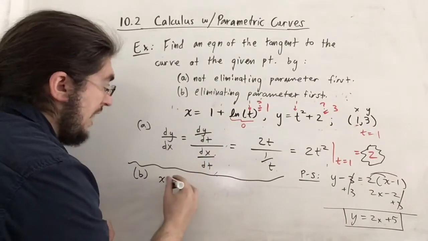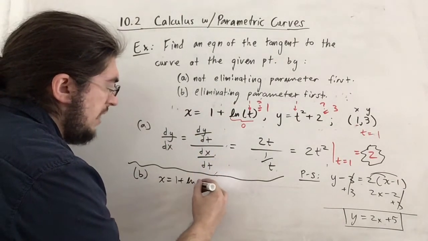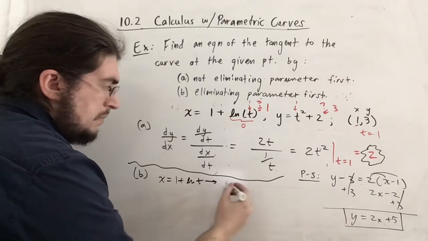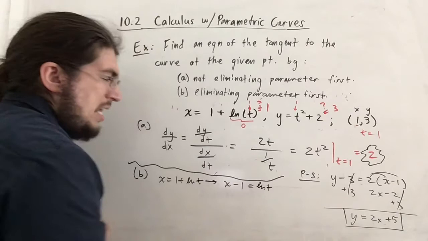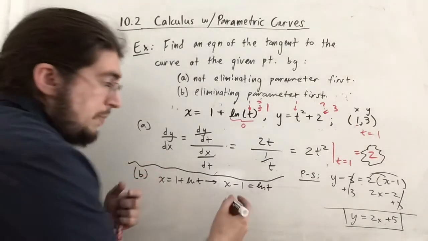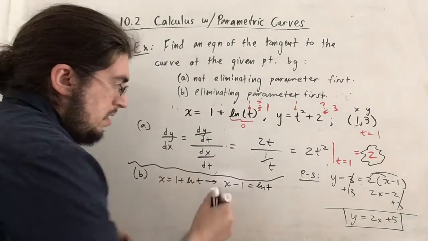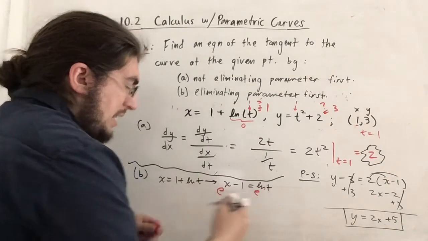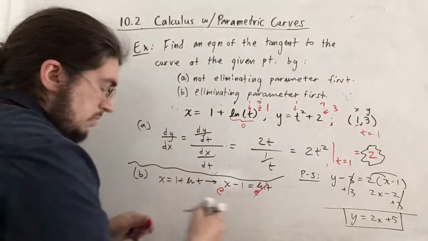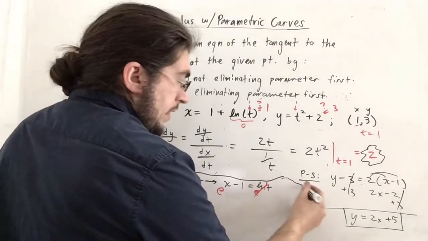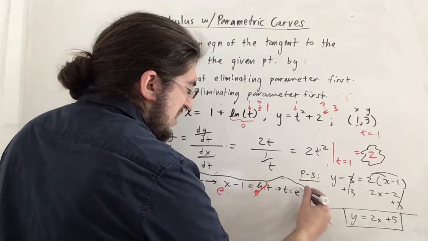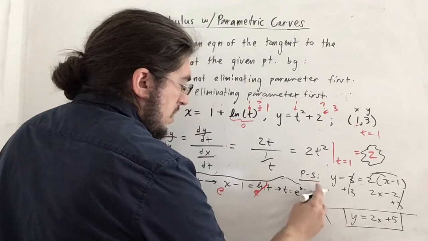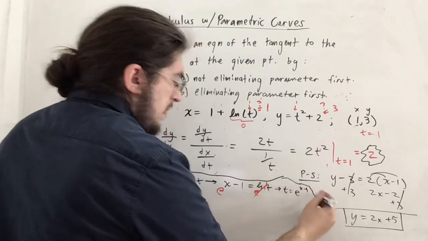So if we have x equals 1 plus ln of t, and we subtract 1, we get x minus 1 is equal to ln of t. Then if we take both sides as powers of e, we get e to the x minus 1 is equal to t. So t is equal to e to the x minus 1. Perfect.